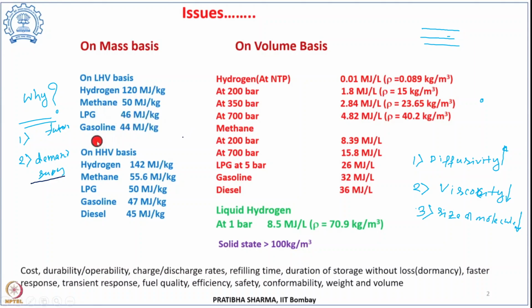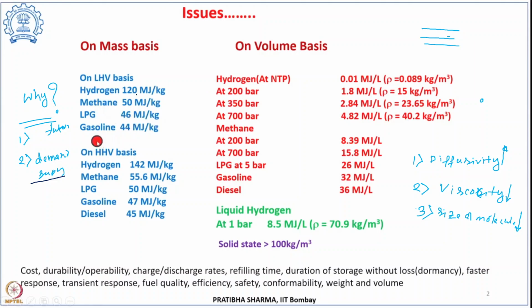But in which condition we are going to store, whether as highly compressed hydrogen, liquid hydrogen, or atmospheric condition storing, that is a different part. Storage is required for future application and to bridge the demand and supply gap. But what is the main difficulty for storing hydrogen?